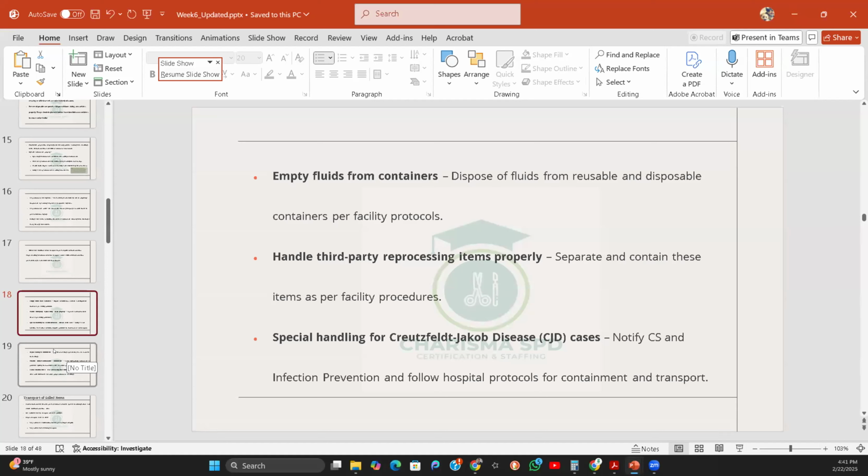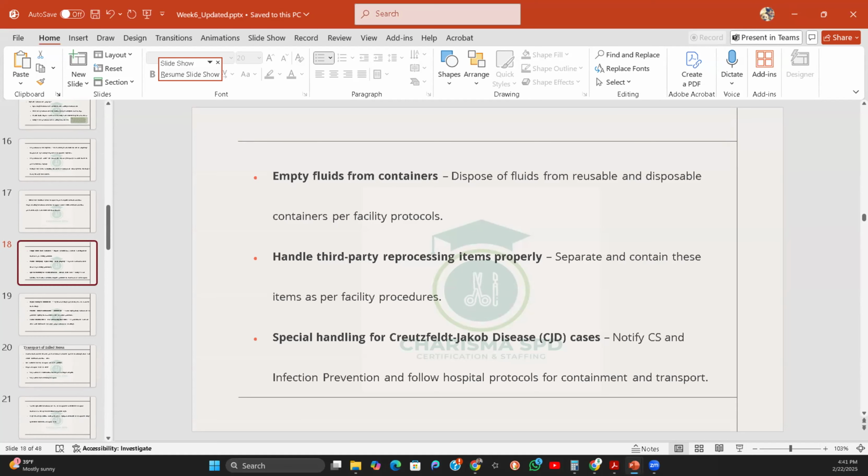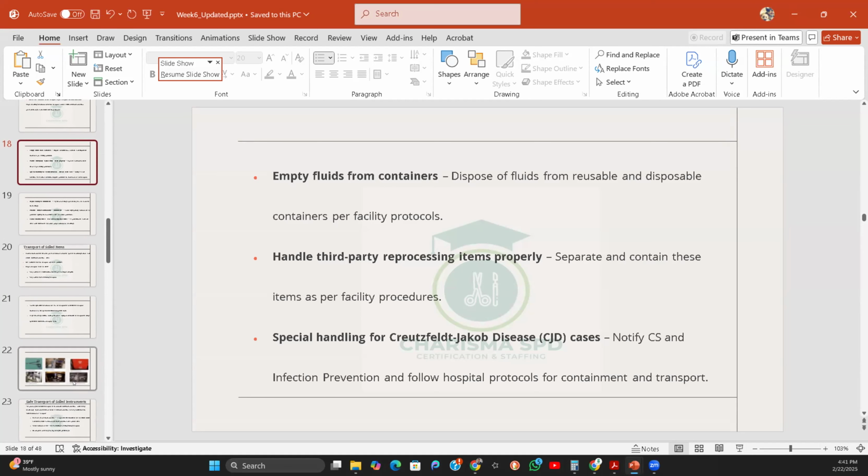And it says a special handling of CJD. I remember Professor Mike spoke about it, and Professor Japan also spoke about it regarding Creutzfeldt-Jakob disease.